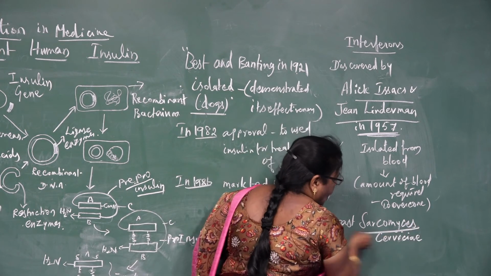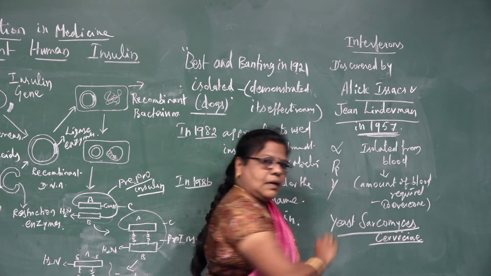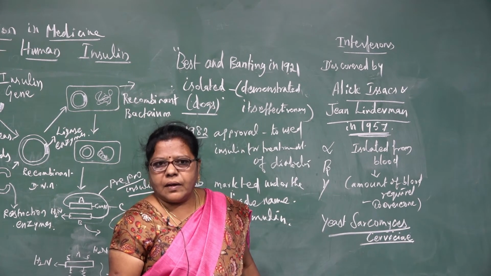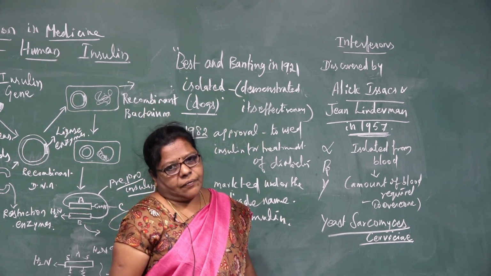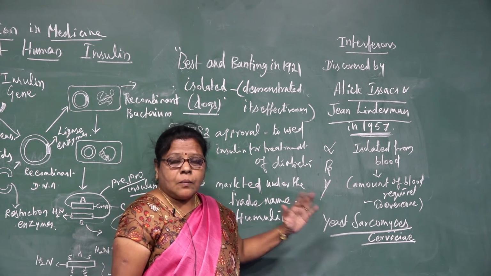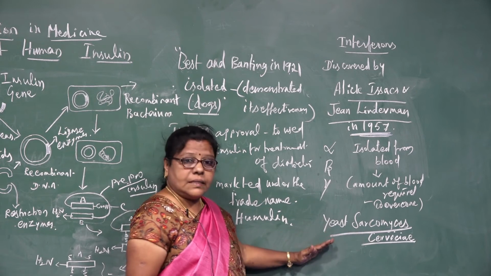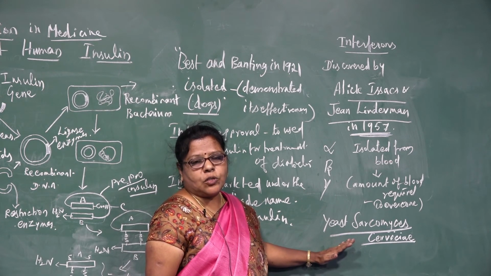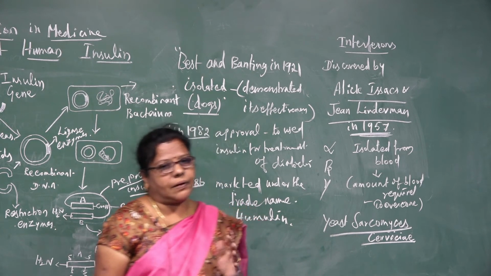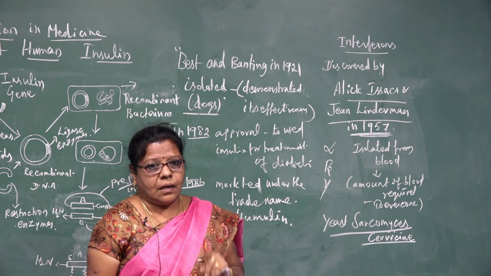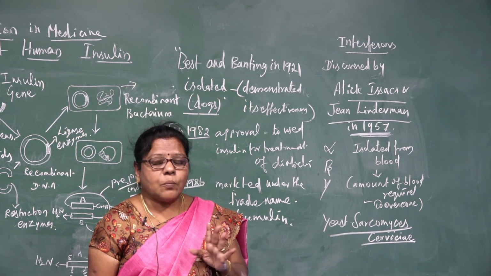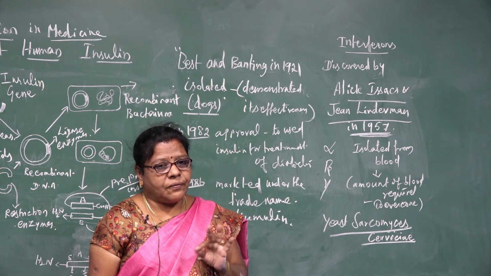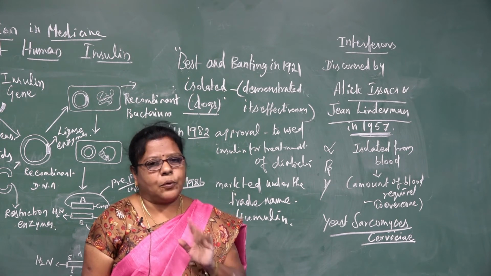The yeast Saccharomyces cerevisiae is used for production of recombinant interferons rather than E. coli, because E. coli does not possess the machinery for glycosylation of proteins.